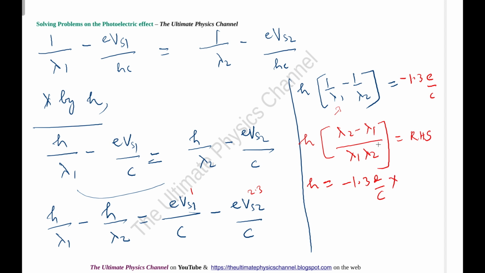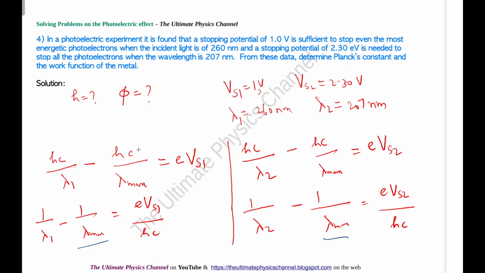We have seen that lambda 2 is the question, it is given as 207 nanometers, and this is 260 nanometers, that is lambda 1. So if you subtract a smaller number from a larger number, again you end up getting a negative sign on the right hand side, that is negative 53.